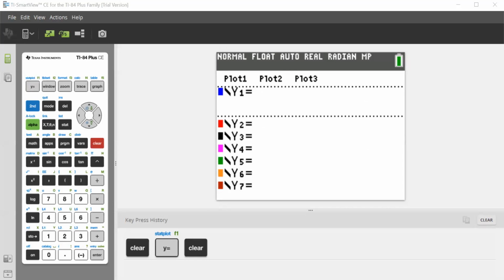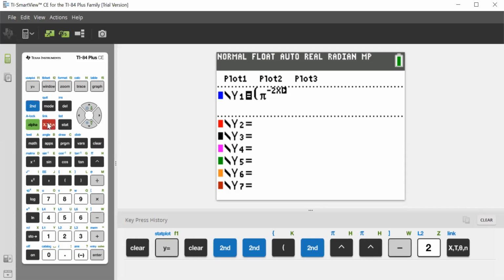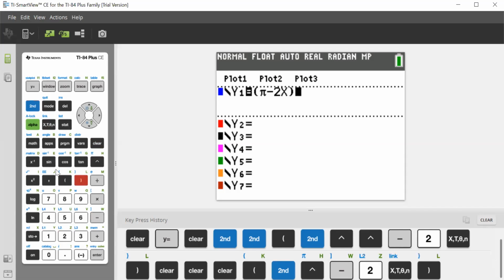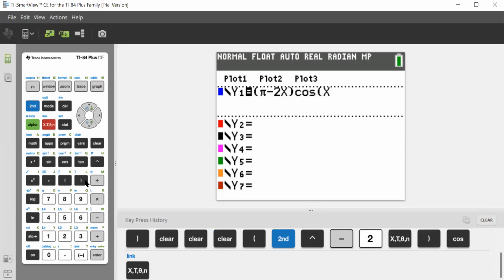Pi minus 2x times cosine x, and then minus 2 sine x.